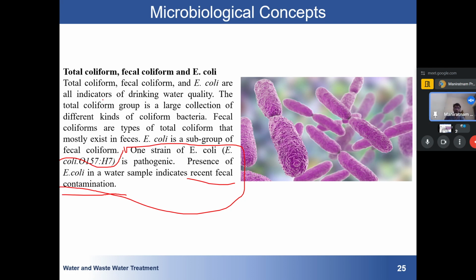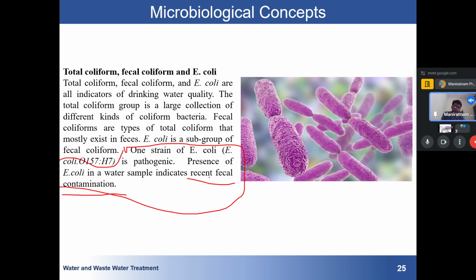E. coli indicates recent fecal contamination because after some time the E. coli will die. You can check in a standard book what happens to E. coli; as far as I know, after 1 or 2 days all the E. coli will be dead due to some mechanism.